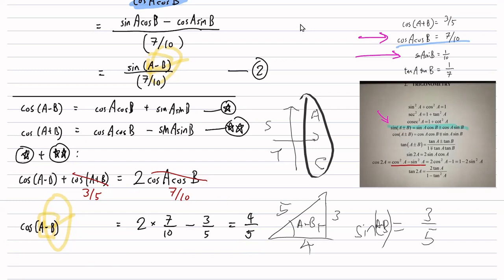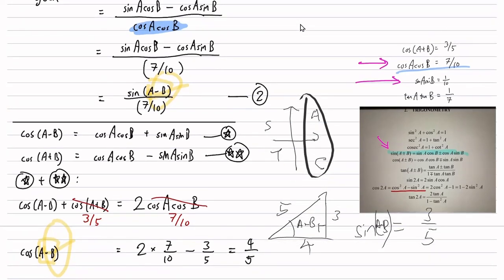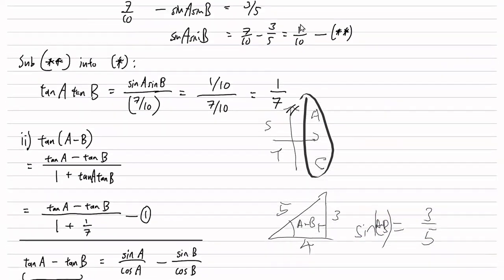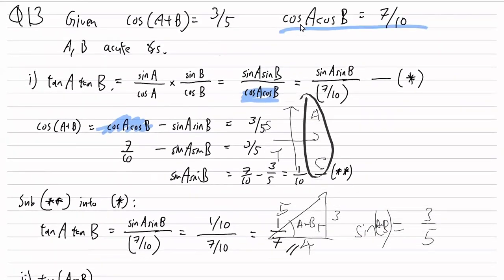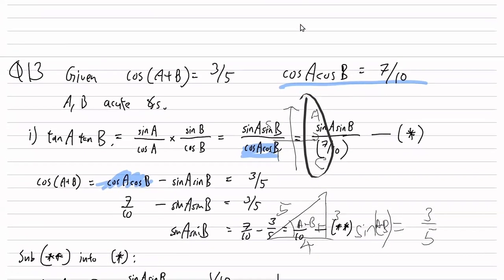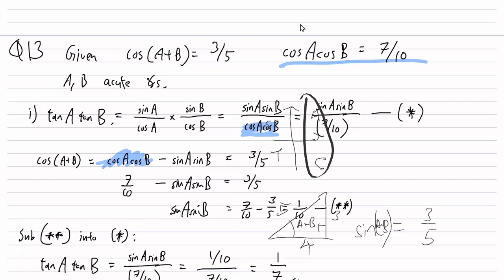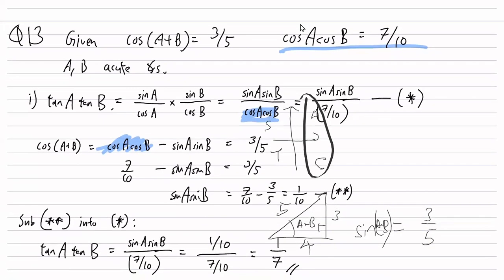Wait, let me see first. Cosine A minus B. Okay, I think for now we just keep it to plus minus. I need to figure out a reason.